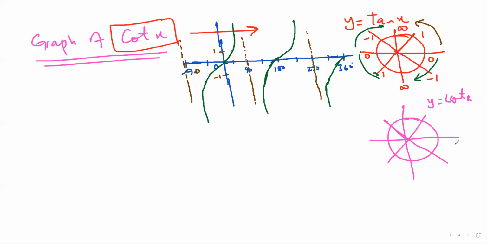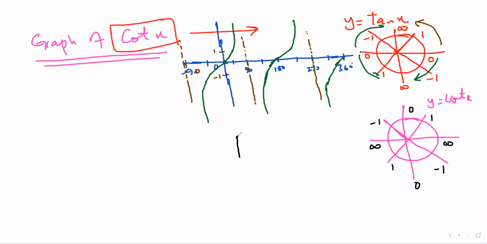The reciprocal of 0 is infinity. This is 1. The reciprocal of infinity is 0. This is -1. It is infinity. This is 1. This is 0. And this is going to be -1. So these are the values that you have for the cotangent x. Okay, let me erase this.